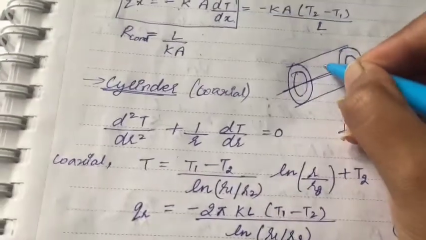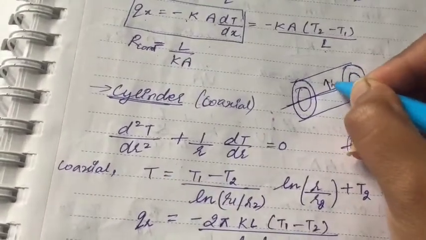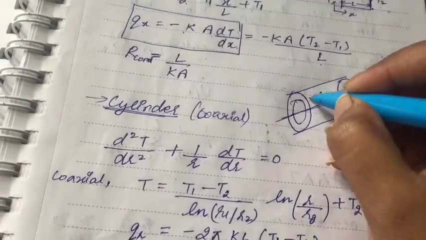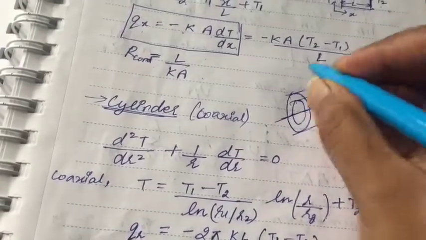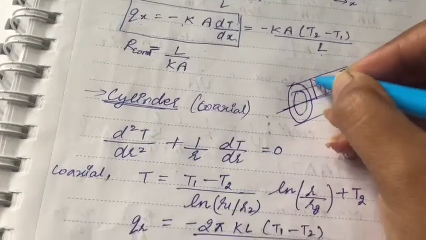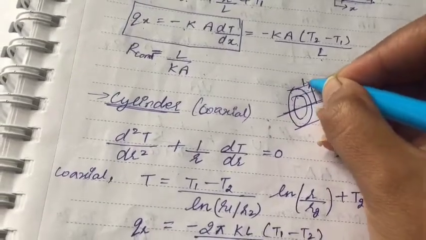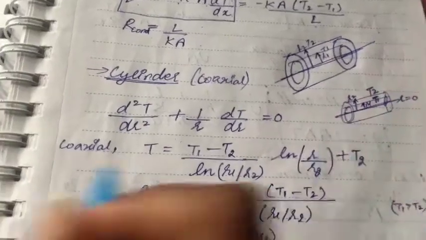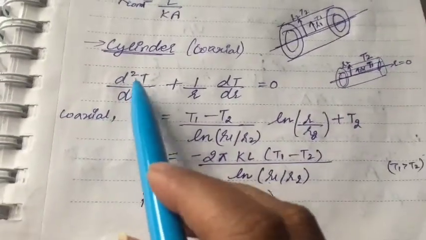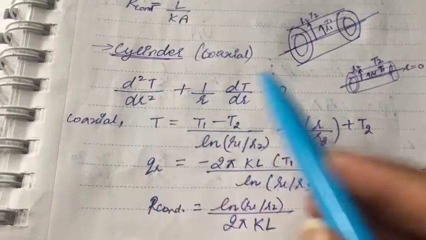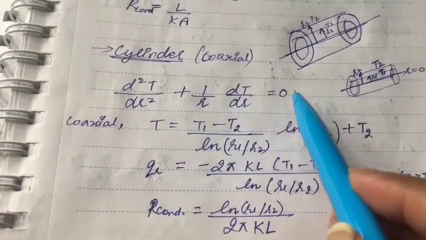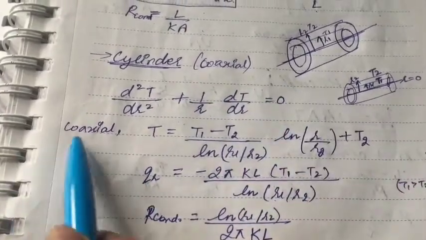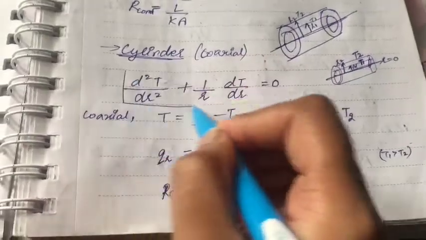The radius of the first cylinder is R1, and temperature on this surface is T1, and the outer radius is R2, and temperature here is T2. The formula for this is d square T by dr square plus 1 by r dT by dr is equal to 0.